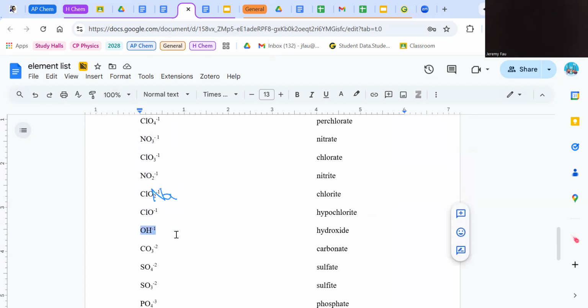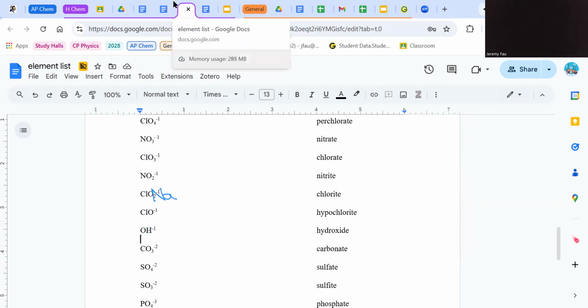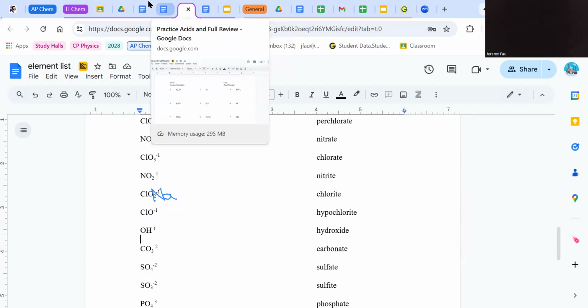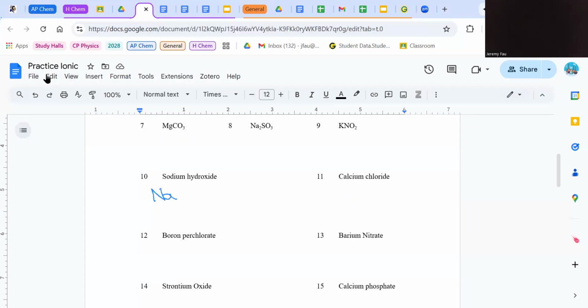So it's OH and it has a charge of -1. So we're going to write Na, and then we're going to write OH. Sodium's in group 1, it's +1. Because the charges are the same, they cancel each other out. We get NaOH.